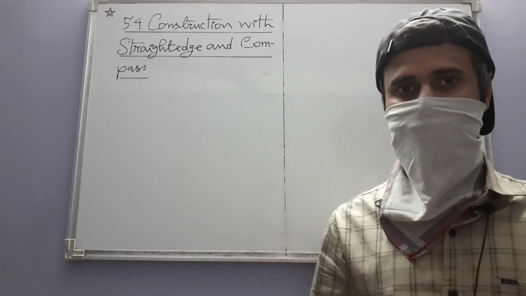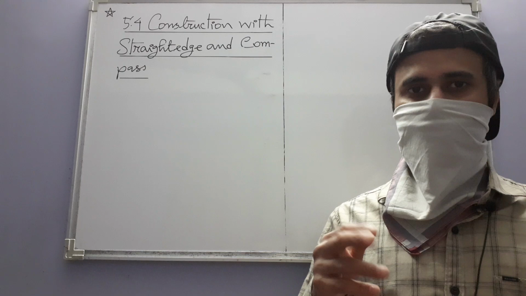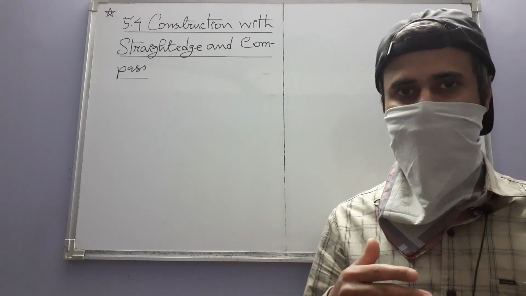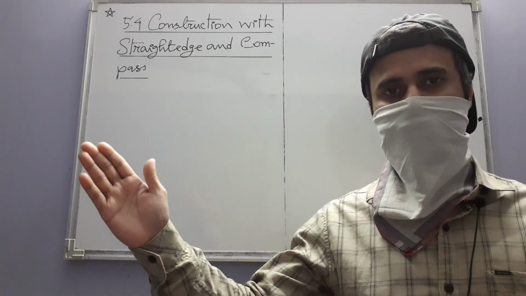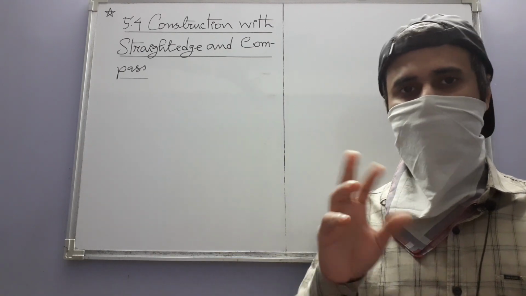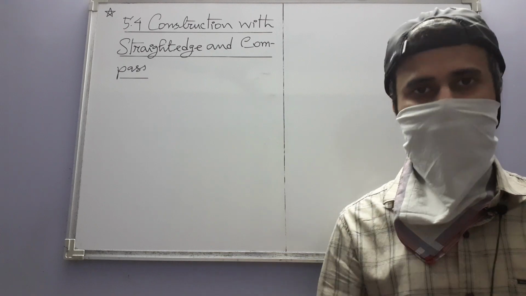Without measuring lengths, we are to draw figures in the plane of your paper using only straightedge and a compass, using which you can of course draw curves and circles. So let's see how the section starts.